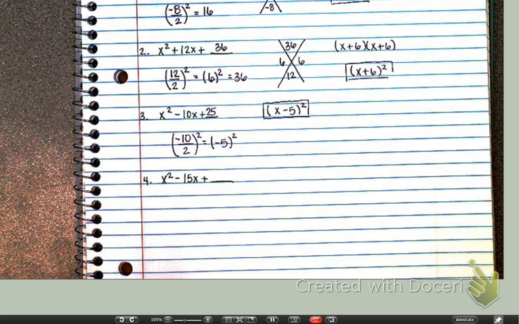Can't have decimals. So, what's my B term? Negative 15.